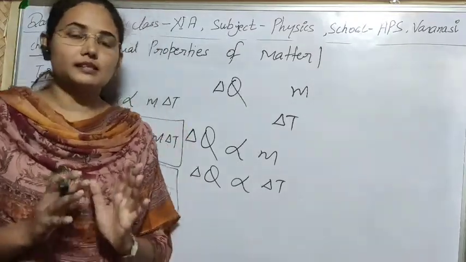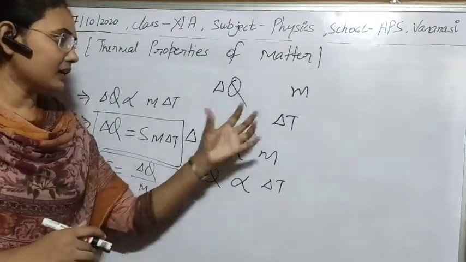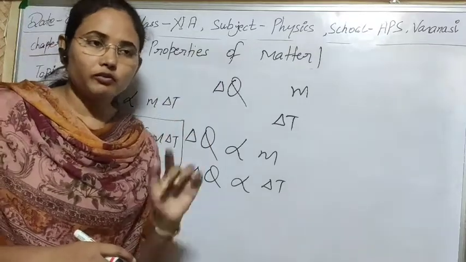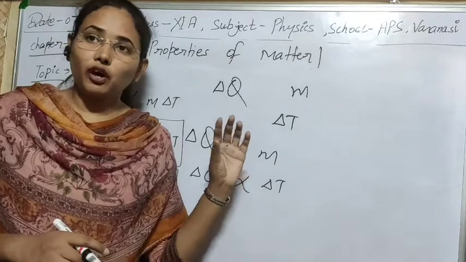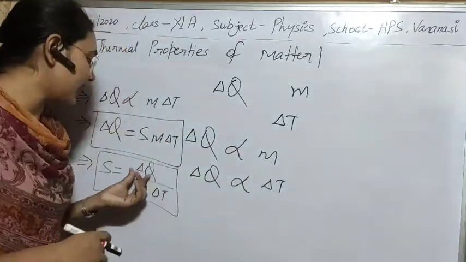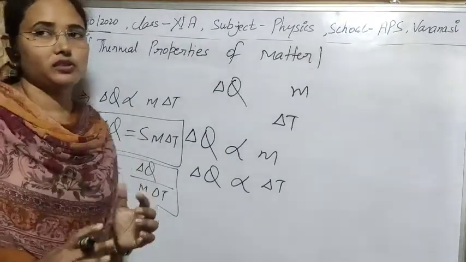If there is a certain amount of mass and we want to change its temperature by 1 degree Celsius, then the thermal energy supplied to the body is known as its heat capacity.